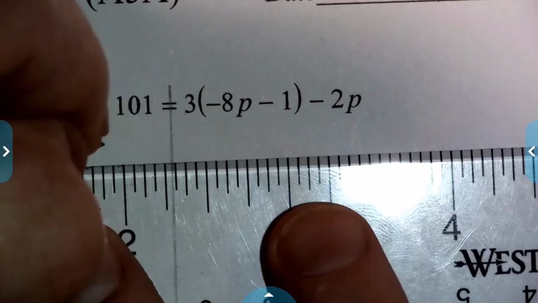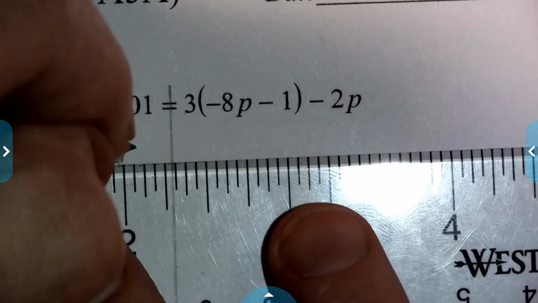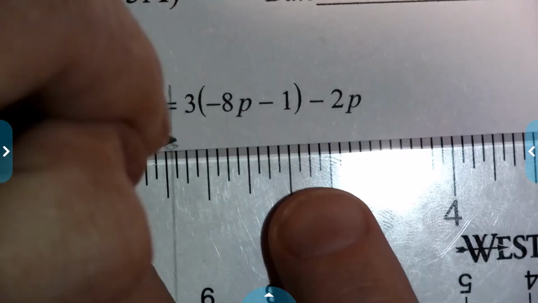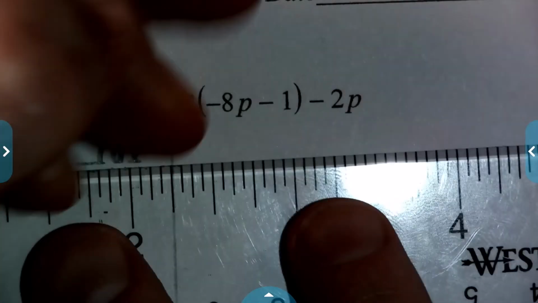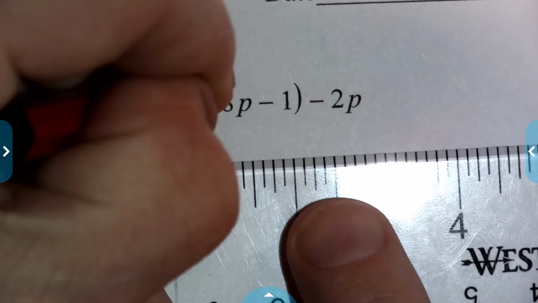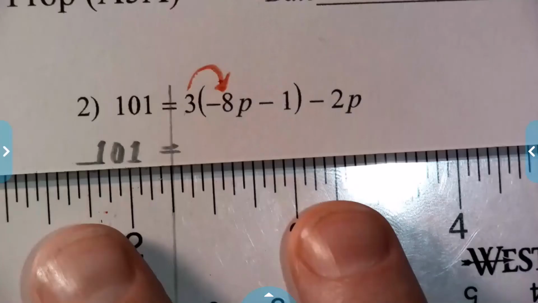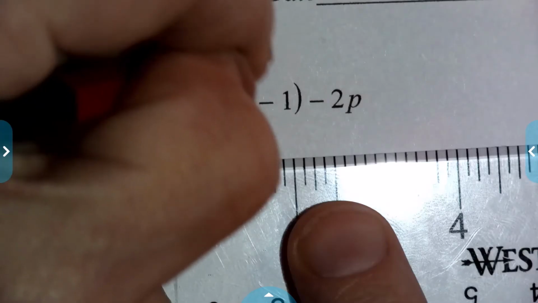Nothing happens to that just yet. Equals. And then I have to do my distribution arrows from 3 to -8p and 3 to -1.